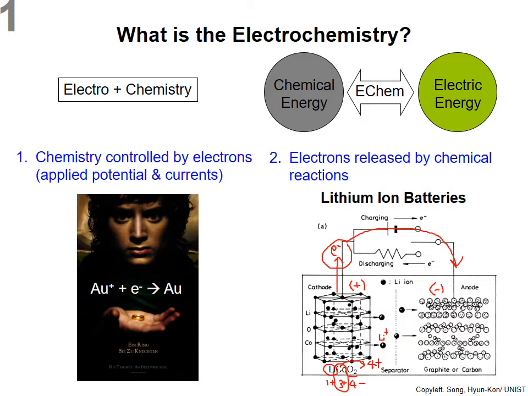Here you have found right now the graphite. Graphite consists of multiple layers of graphene, and right now these graphene layers have some extra electrons, right? And also you have an extra amount of lithium plus, which is going away from the lithium cobalt oxide.